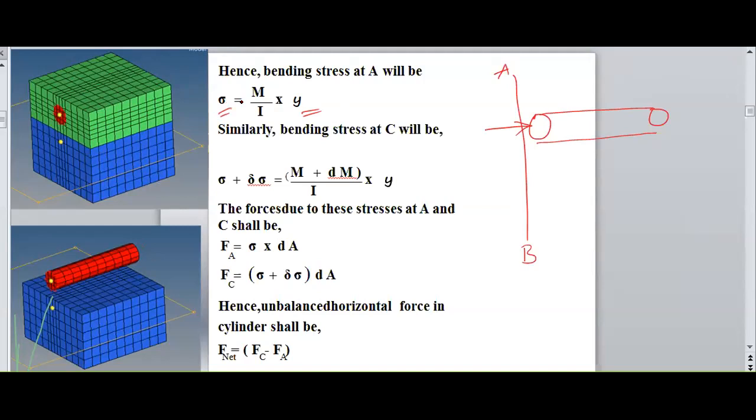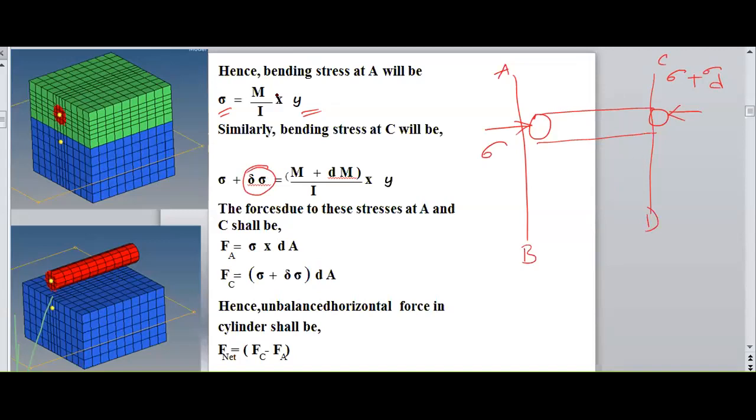On the face on the side of CD, the stress will be increased because the bending moment is increased. Therefore, we'll have sigma plus d sigma, some increased stress on the other face, the CD face.